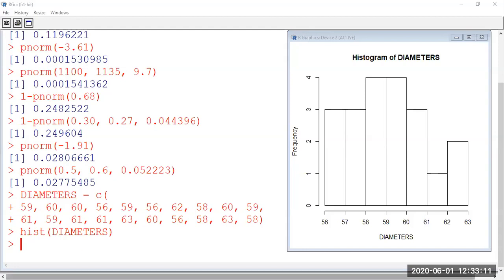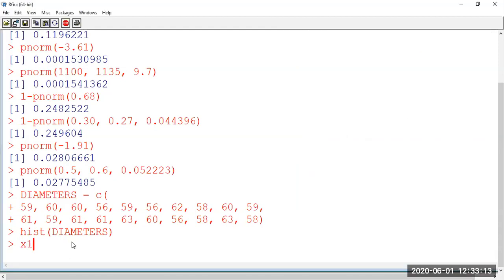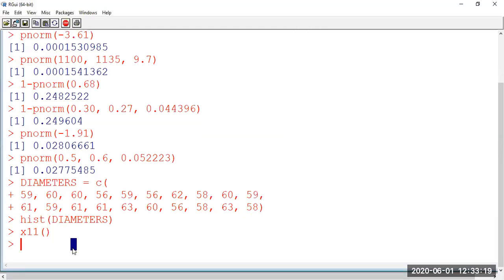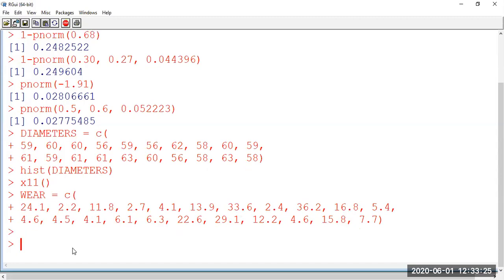Now we're going to use X11, just in case you want to compare the two histograms, and in that way you can say whether one is more normally distributed than the other. So I'm going to get the histogram for these shoe measurements.